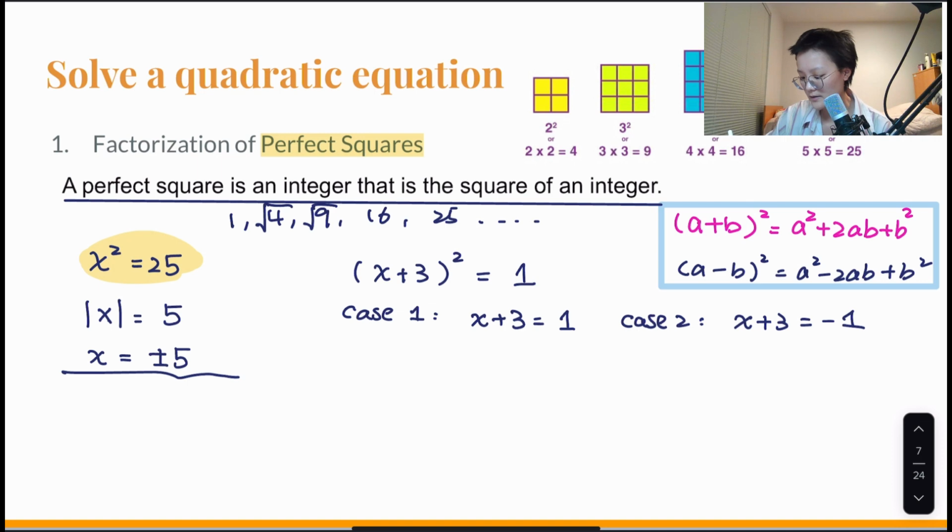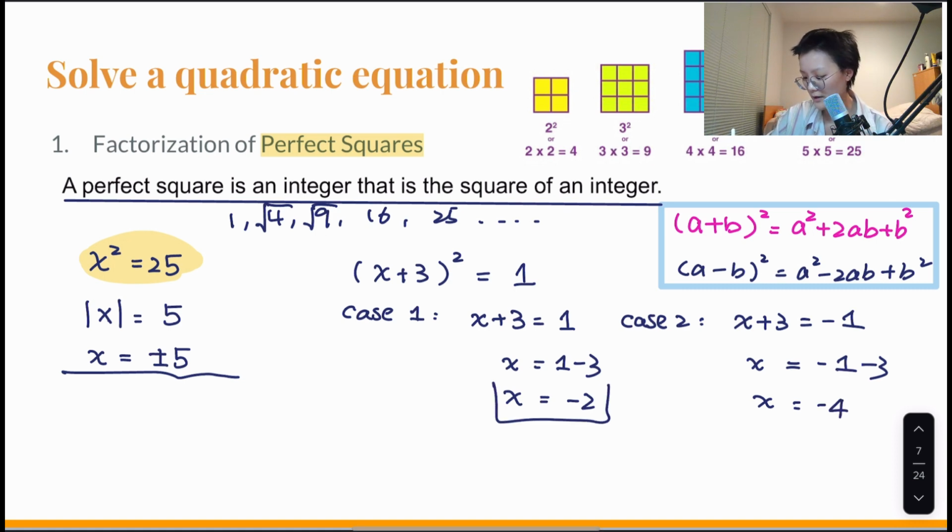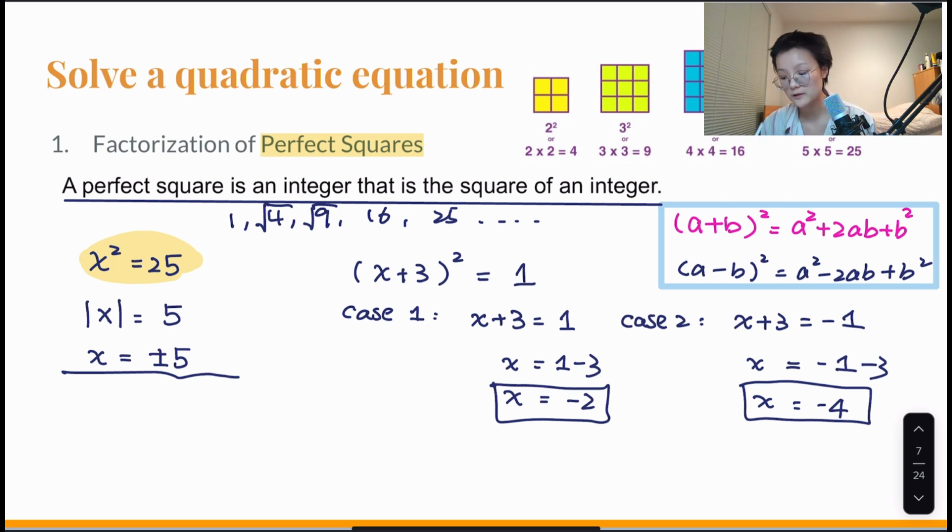Okay, so in this case, we could move the plus 3 to the right-hand side, and we get x equals negative 2, or x equals negative 1 minus 3, which is negative 4. So here we have two solutions, and those are the two intercepts of the parabola with the x-axis.